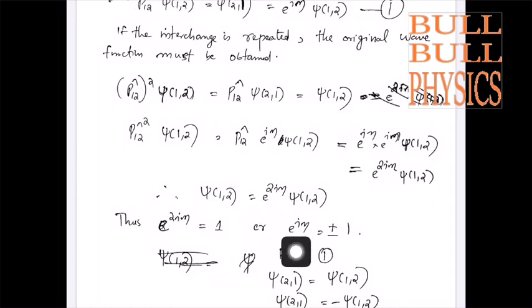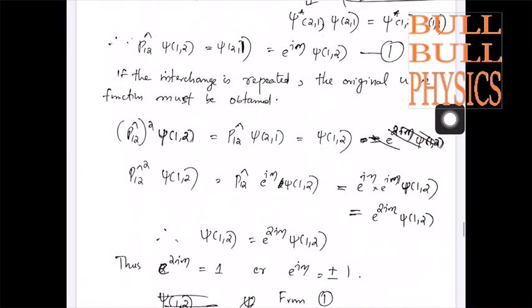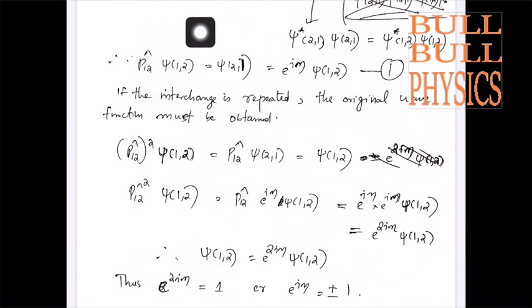For that, e to the i eta is either plus 1 or minus 1. Then its square, e to the power 2 i eta, will be 1. So from this equation, e to the i eta can be plus 1 or minus 1.